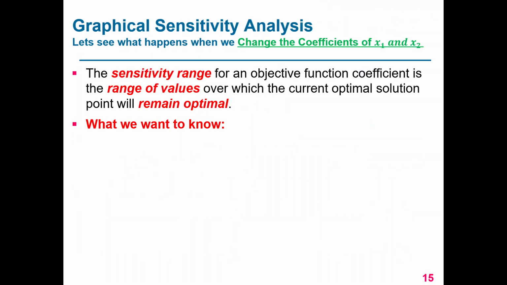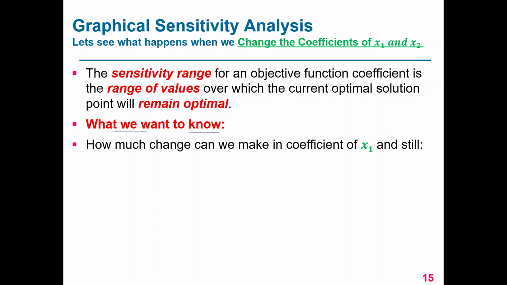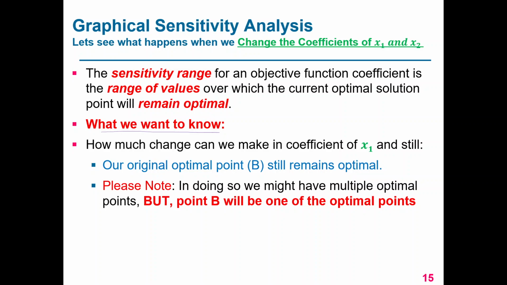So what we really want to know in this analysis is how much change can we make in the coefficient of x1 and still our original optimal point B remains optimal. But remember, this is a very important thing, that in doing so we might have multiple optimal solutions, but point B will be one of the optimal solutions.